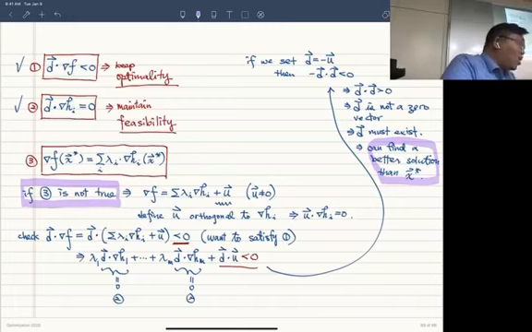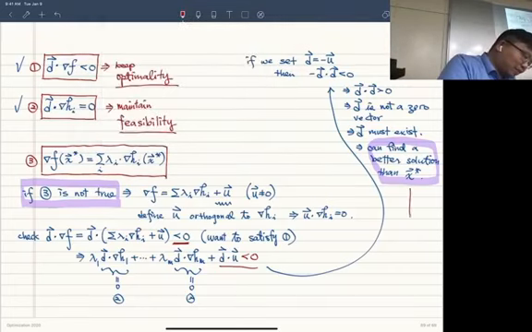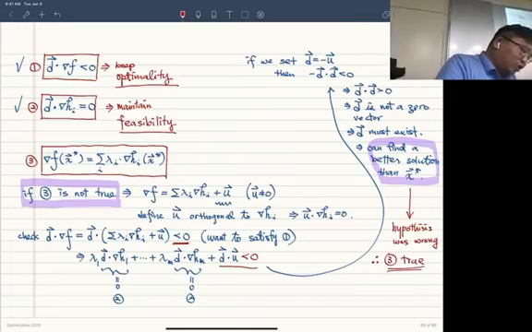So our hypothesis must be wrong. If our hypothesis was wrong, then equation 3 must be true. That's how this is being proved.